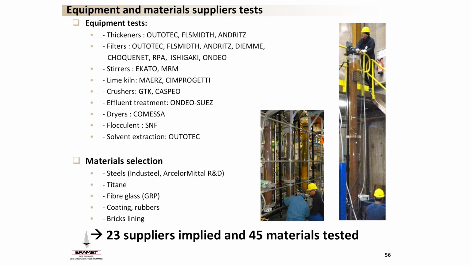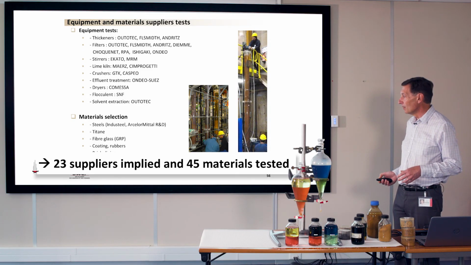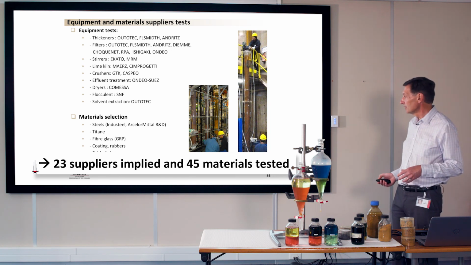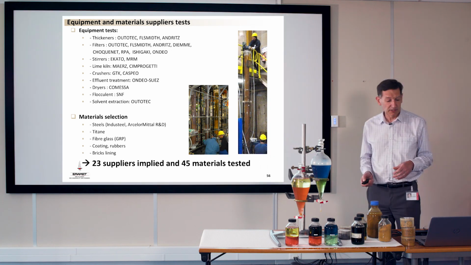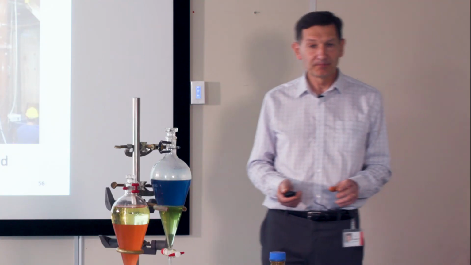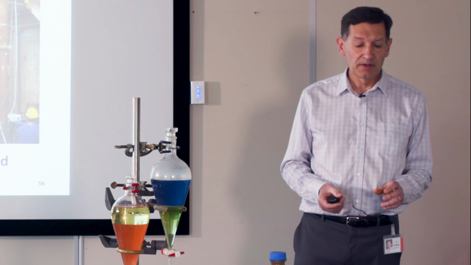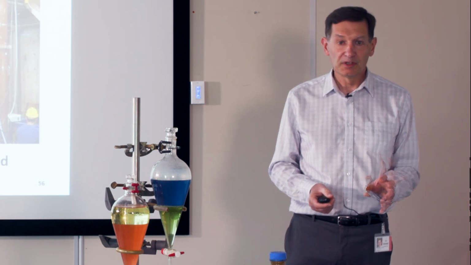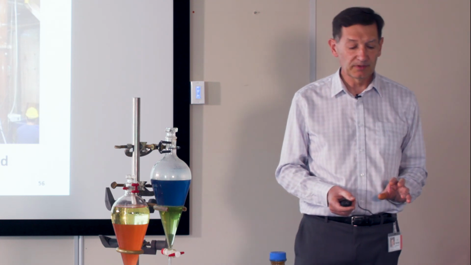During all this pilot testing, we were in contact with 23 equipment suppliers, and we tested 45 different materials. That's the end of the third part of the presentation dedicated to the ERAMET process.